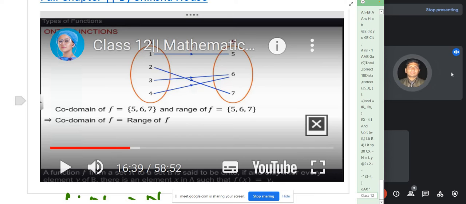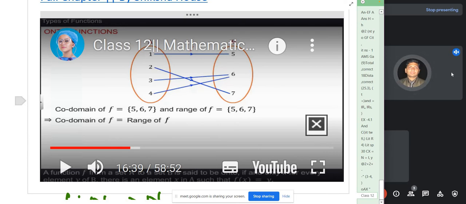What is an onto function? In case of an onto function, the codomain of that function and the range of that function will be equal. That means no element of the codomain will be free. That means every element of the codomain is the image of some element of the domain. So here we can say that range and codomain both will be equal. If range and codomain are equal, then that kind of function is called an onto function.